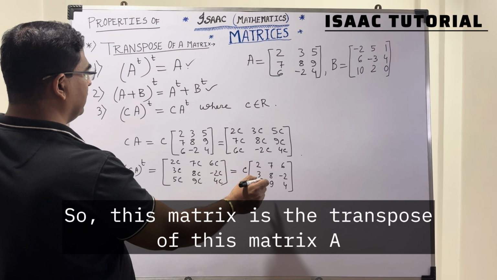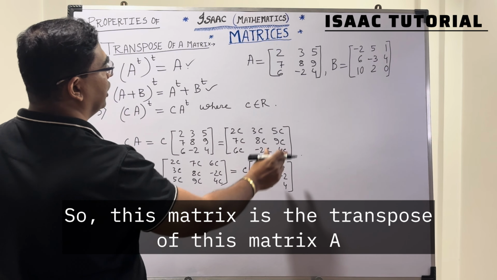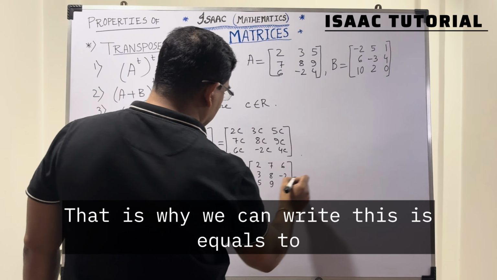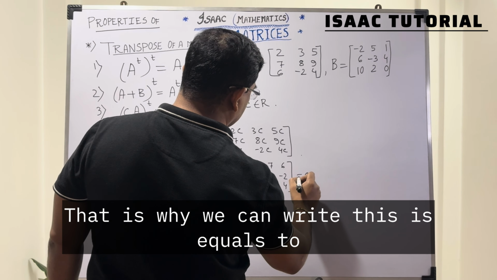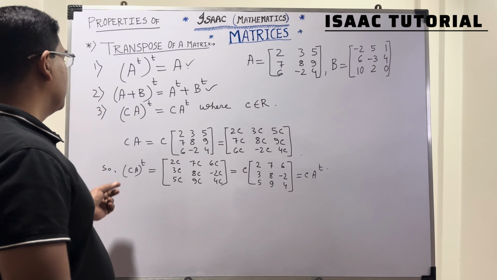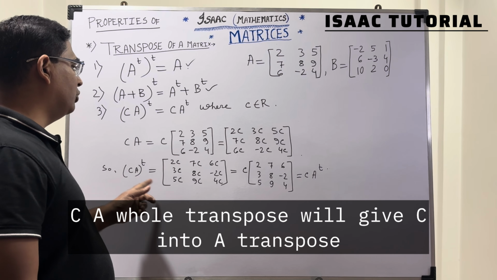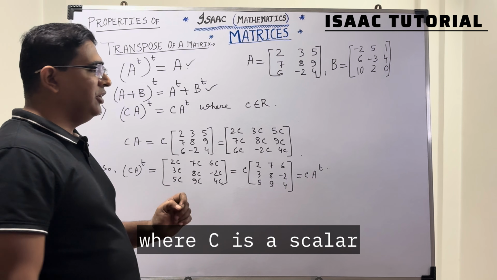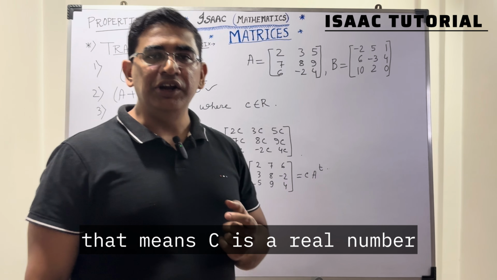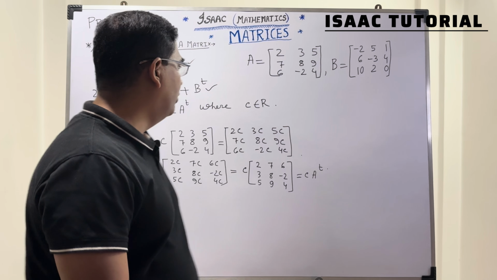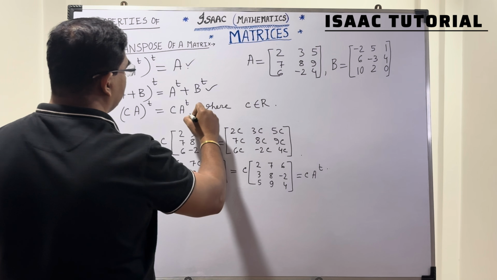So this matrix is the transpose of this matrix A. That is why we can write this is equals to C into A transpose. So CA whole transpose will give C into A transpose, where C is a scalar. That means C is a real number. That is why we can say C belongs to R. Okay. So this is property 3.